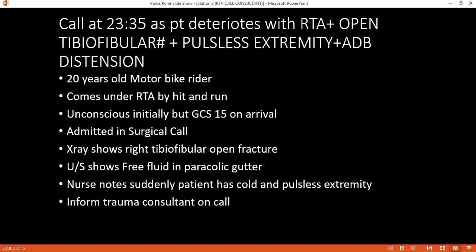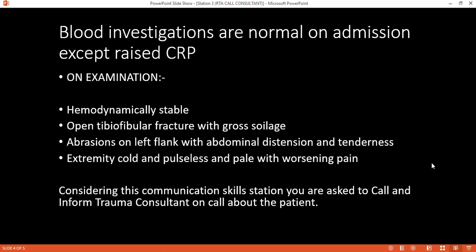Regarding the history, 20 years old, post RTA with an open tibiofibular fracture with pulseless extremity. On examination, unconscious initially, and Glasgow Coma Scale 15. On examination, abrasion on the left flank with abdominal distension and tenderness, and the open tibiofibular fracture.